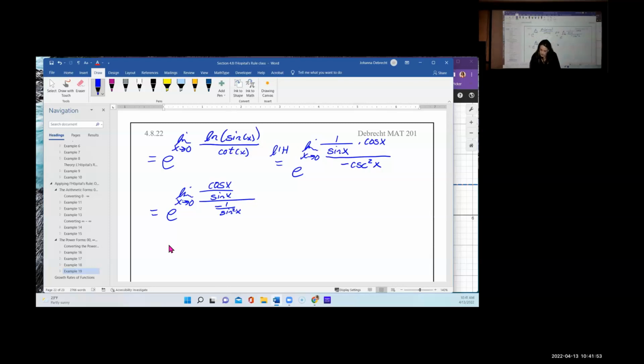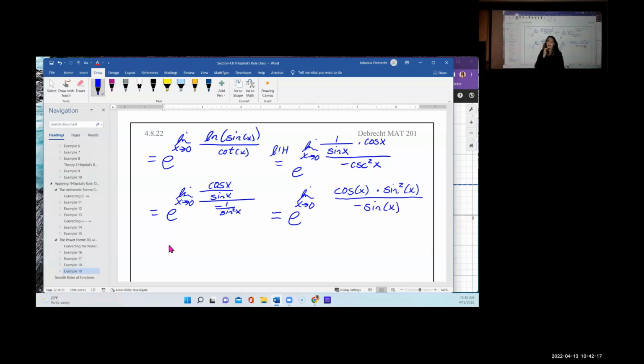So when I rearrange this complex fraction, I get e to the limit as x goes to 0. Cosine x is in the numerator times sine squared of x is in the numerator. In the denominator, I have the -1 and I have sine x.